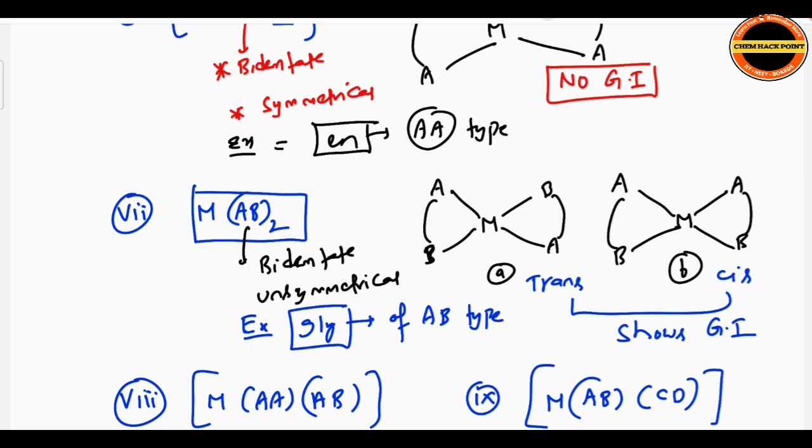Only 90 degrees you have to place. This time, keeping the same, I am flipping AB. This one BA I wrote, here AB. So one more possibility. It is trans because identical atoms are on opposite sides. Cis because identical atoms are on the same side. Cis and trans show GI, 2 structures possible.